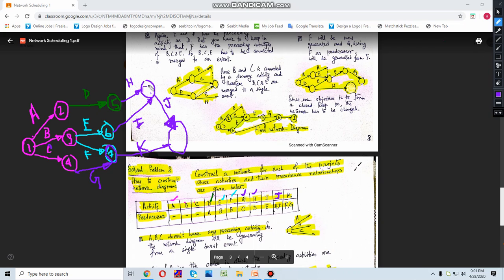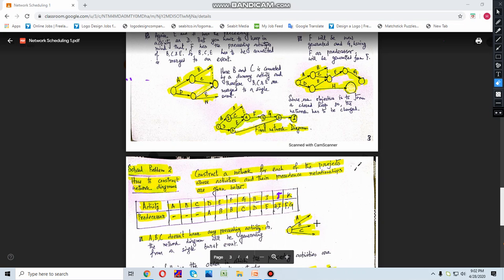What we have to do is write 8 here and 9 here. Now you will see that the network is complete. So always keep a pencil with you while drawing the networks, because you will need to do a lot of modifications. I hope you have understood how to draw networks.